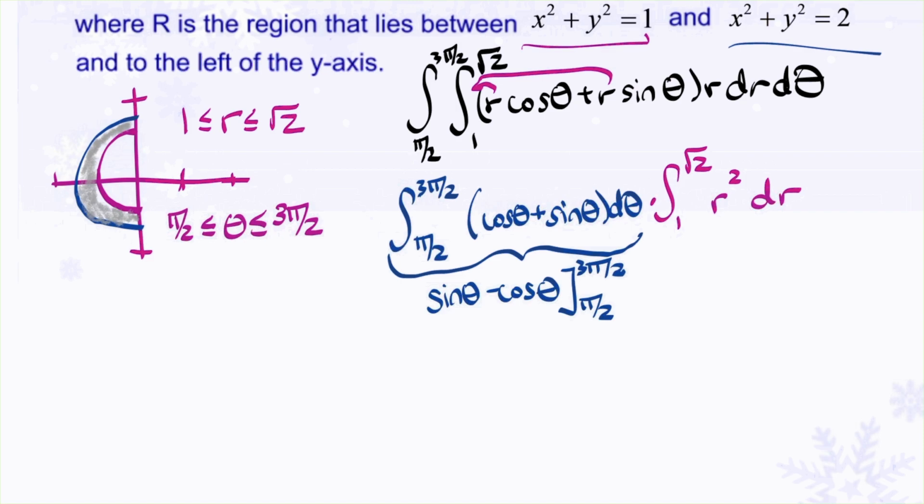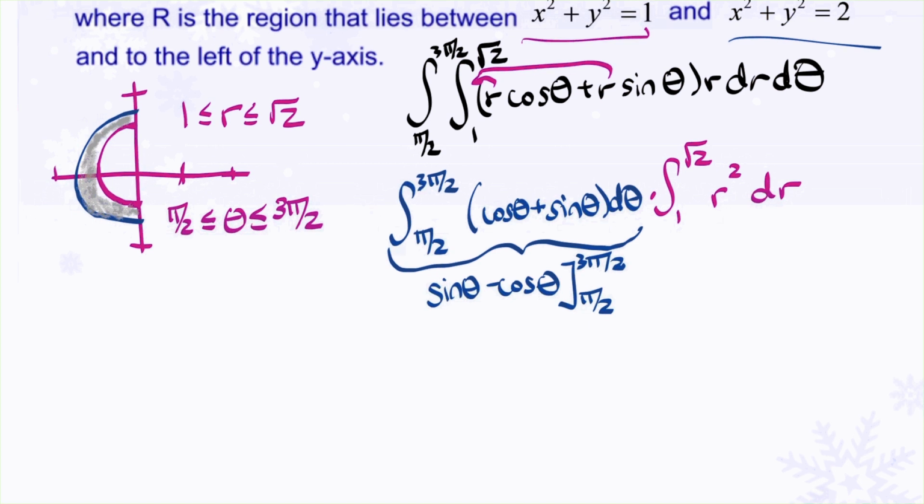So what I get at 3 pi over 2 is -1 minus... Oh no, sorry, I'm doing cosine. I just got lost. Here I found myself. And then minus 1 minus 0.